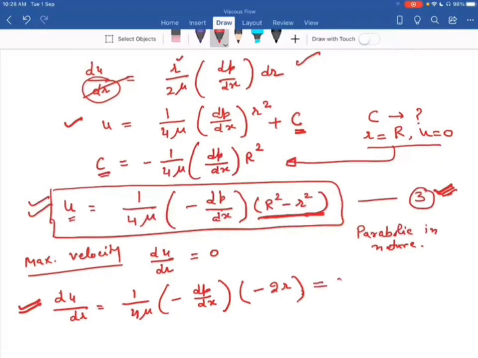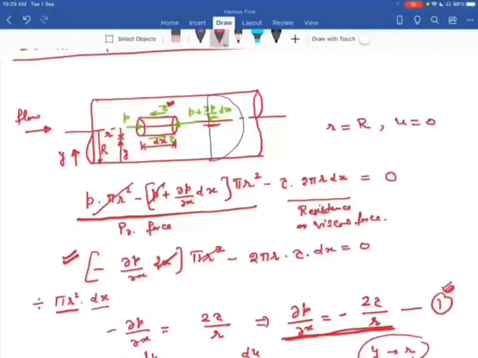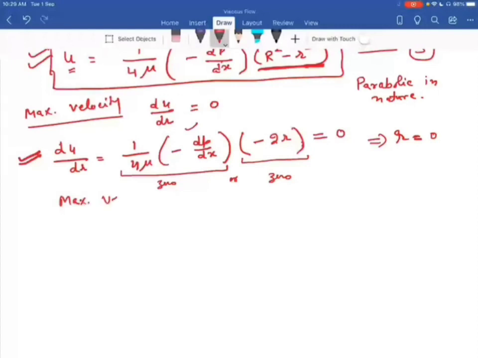So that means either this term is 0 or this term is 0. The pressure drop cannot be 0, mu cannot be 0. Therefore, r should be equal to 0 for maximum velocity. That is along the center of the pipe, along the axis of the pipe. So you can say the velocity is maximum along the central axis of the pipe.